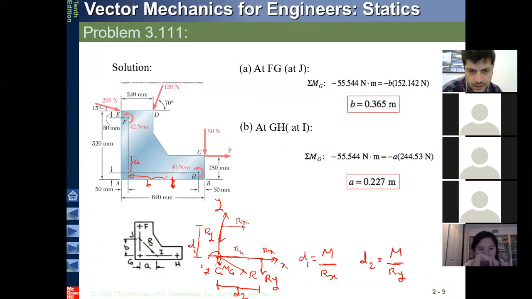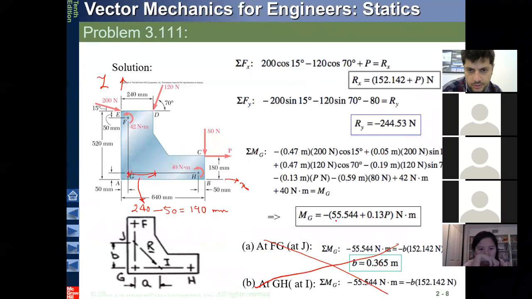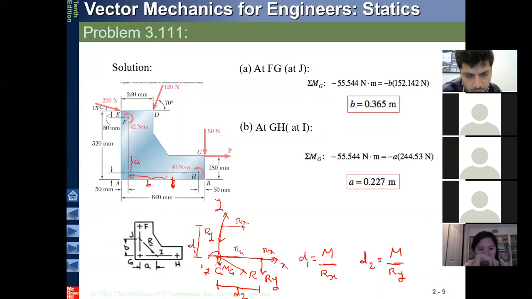It is positive in x direction and negative in y direction, right? And then you want to find a point in the y direction in the figure I've drawn here, such that there would be no moment. If you put the resultant of the forces on that point, there would be no moment around that point. So you have to find D1 here, which is equal to M over R of x, because R of y is not exerting any moments around point G.